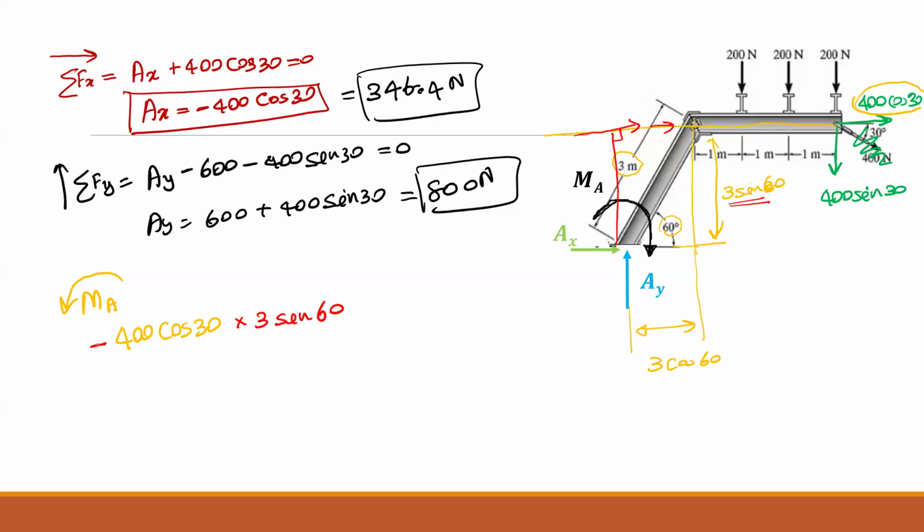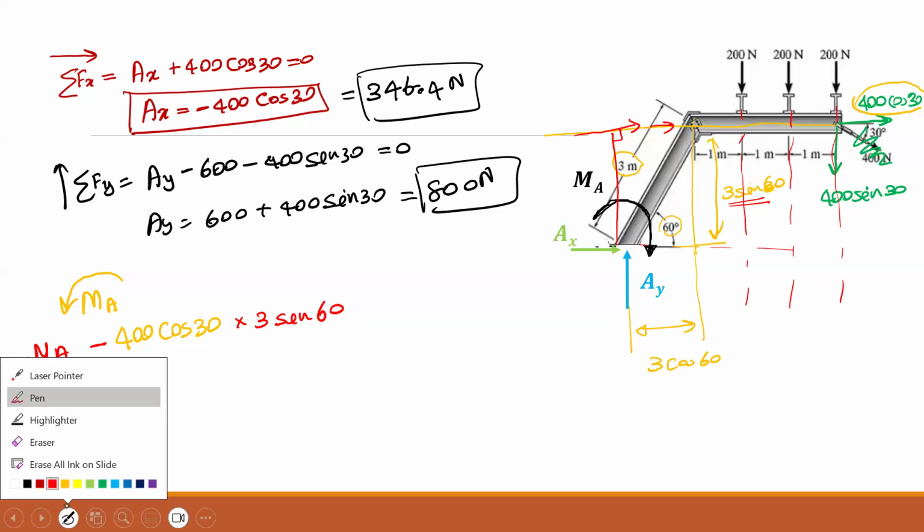All of these are making clockwise moments, so all negative. So MA also negative. So MA minus 400 cos 30 times 3 sine 60. Now we have all the other ones also negative.